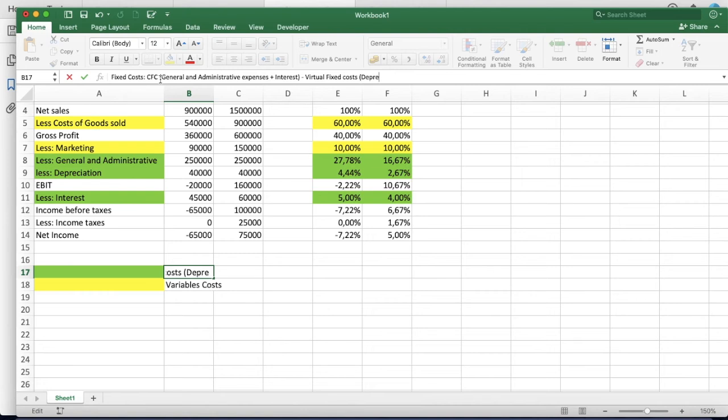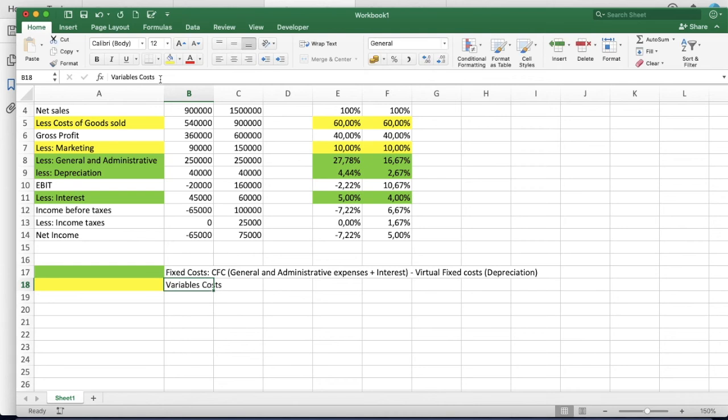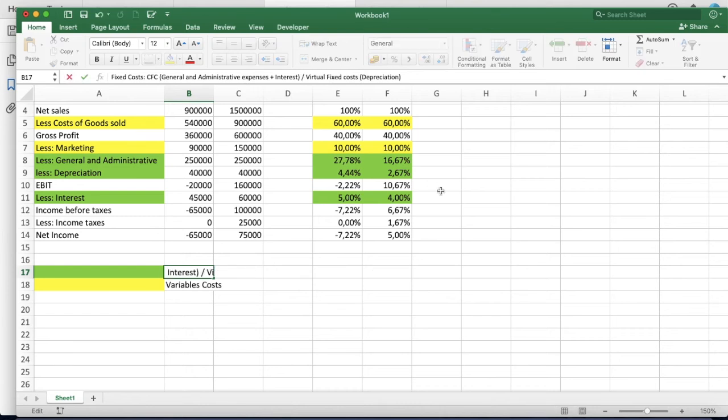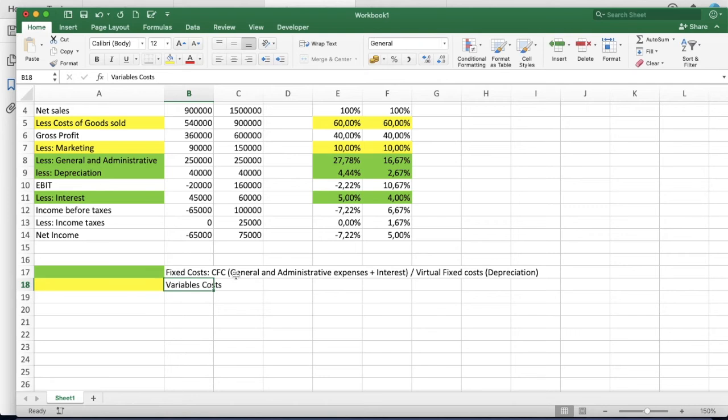And we mean by that the depreciation. See, so we have two types. The real one, or the cash one, the cash fixed cost, and the virtual fixed cost.